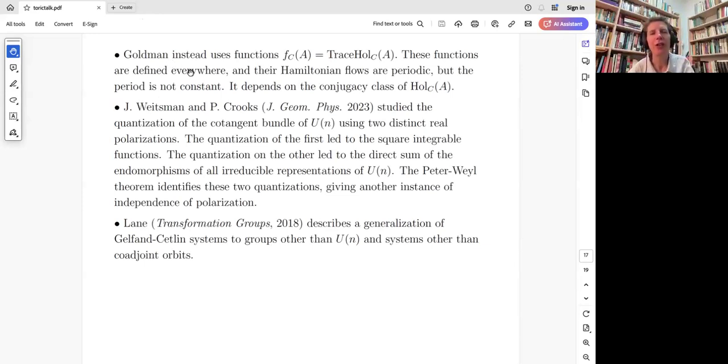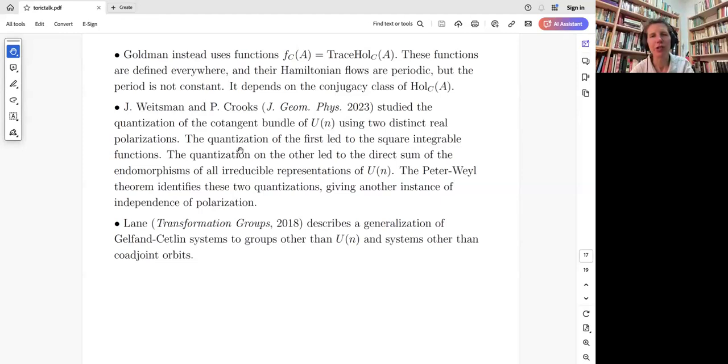Goldman instead uses the functions trace of the holonomy. These are defined everywhere. Their Hamiltonian flows are periodic, but the period is not constant. And finally, Jonathan Weitsman and Peter Crooks studied in a paper last year the quantization of the cotangent bundle of U(N) using 2 distinct real polarizations.